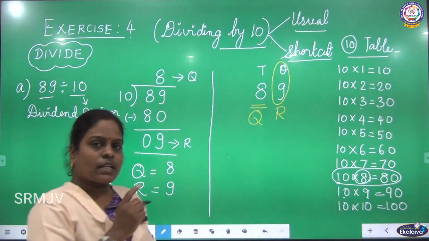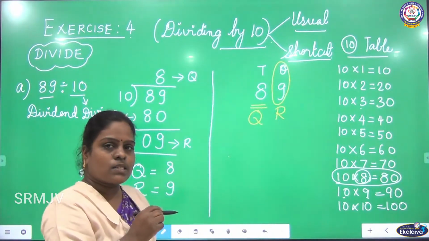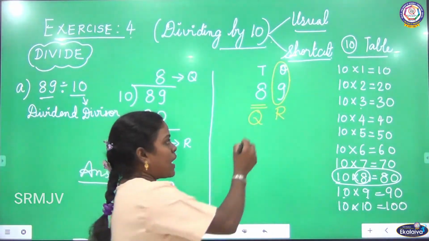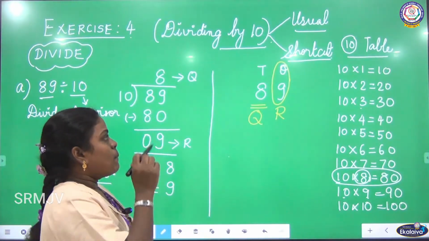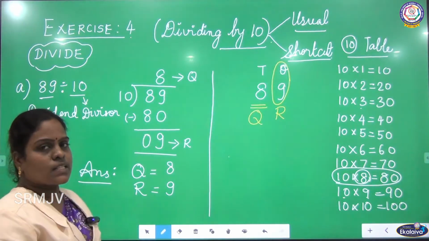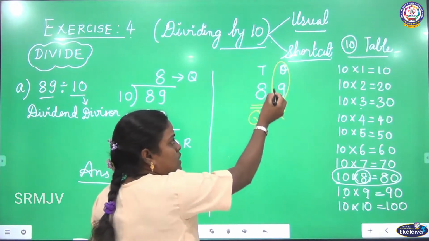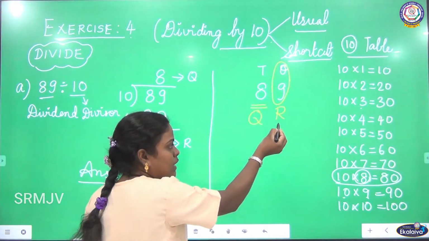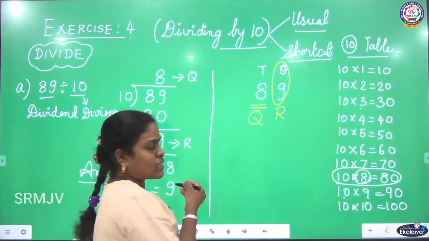Listen children, I will explain again. The digit which is in the ones place is the remainder and the rest of the digits are quotient. Because here the divisor is 10, we have only 1 0. So we have to take only one digit, that is ones place, as a remainder and the rest of the digits is a quotient.